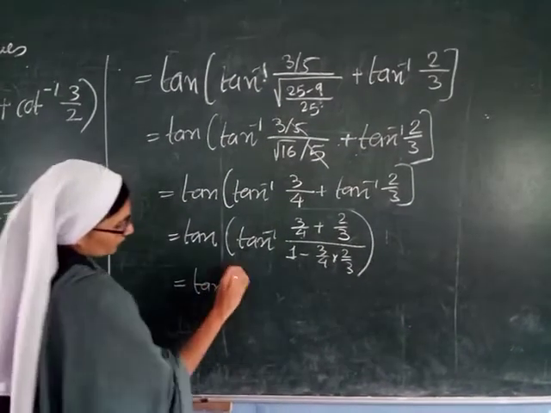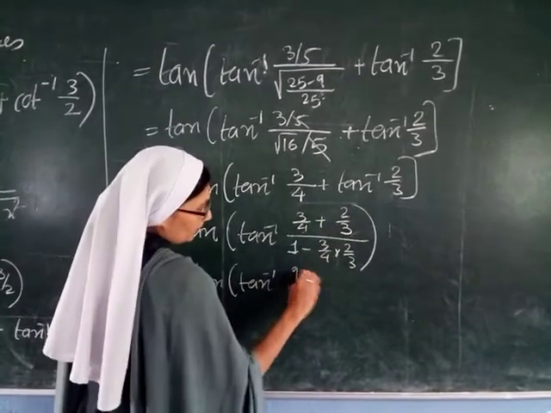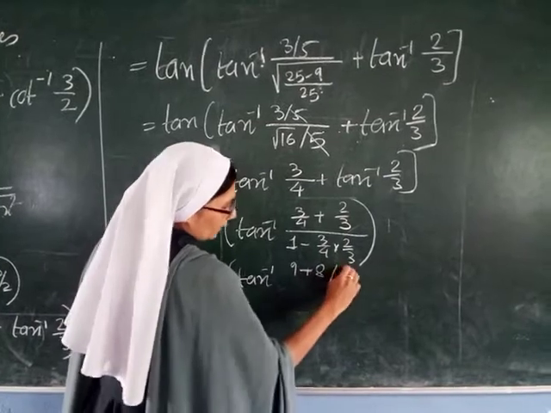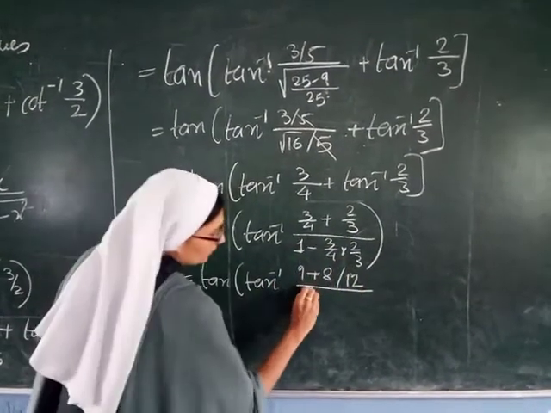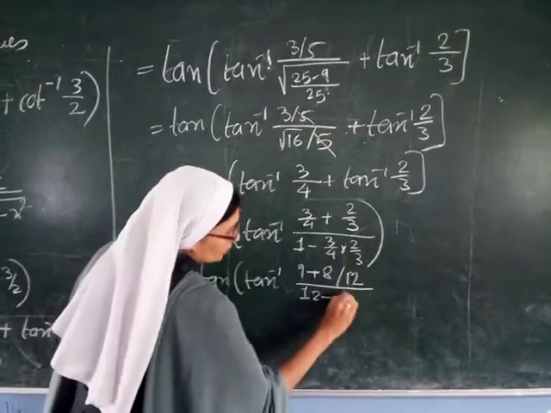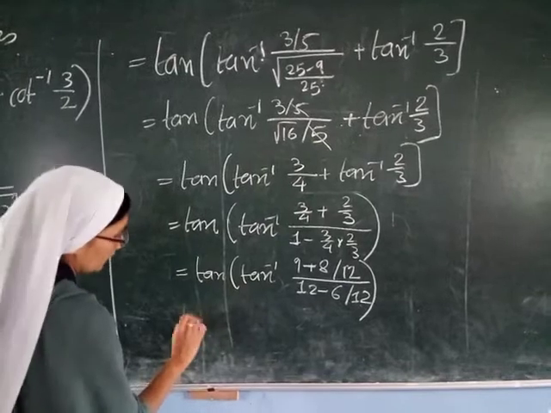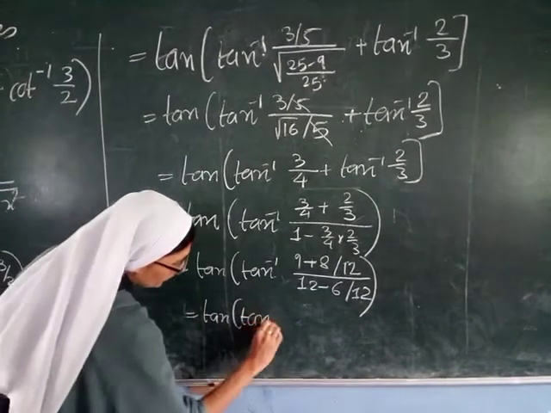So tan of tan inverse, take LCM 12, cross multiply: 3 into 3 is 9 plus 4 into 2 is 8, divided by 12, 4 into 3 is 12, which will cancel here. So 12 minus 3 into 2 is 6, divided by 12, and this 12 and 12 cut. This also we can cut, but we don't cut, we cut only at the end. We cannot cut this directly.